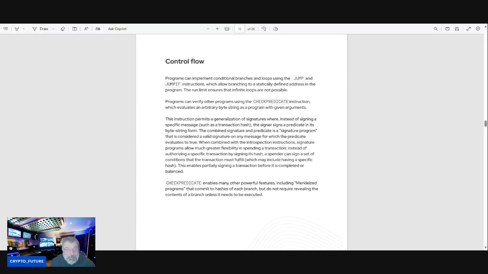This enables partially signing a transaction before it is completed or balanced. Check predicate enables many other powerful features, including Merkleized programs that commit to hashes of each branch, but do not require revealing the contents of the branch unless it needs to be executed.